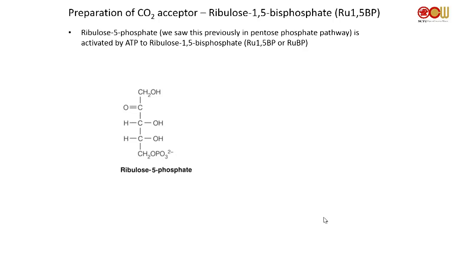All right. So the first reaction is the preparation of the CO2 acceptor, RuBP. In order to prepare RuBP, you're going to activate Ru5P into RuBP, into the bisphosphate. This is fairly similar to what we previously have seen.